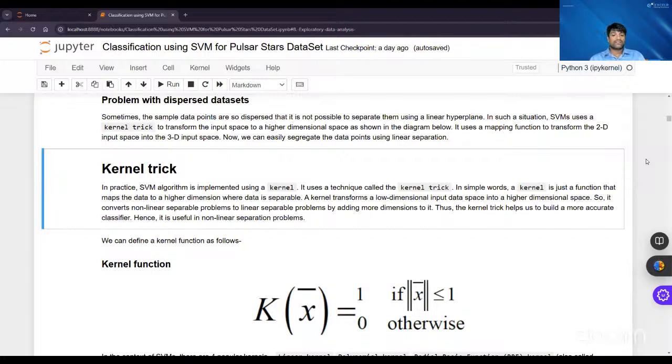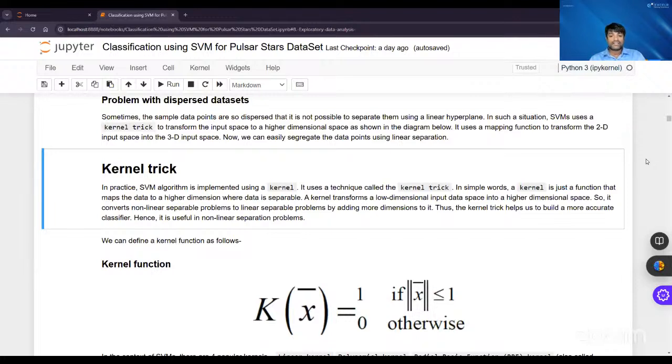This is a function, because we already know that machine learning itself works on mathematical and statistical functions. What it basically does is transform lower dimension data to higher dimension data. This is the first thing the kernel does.